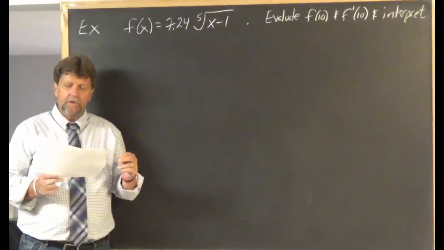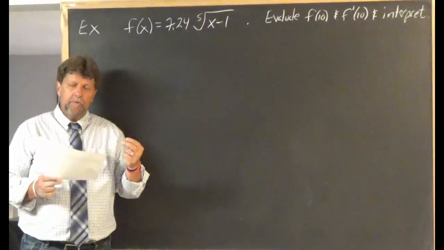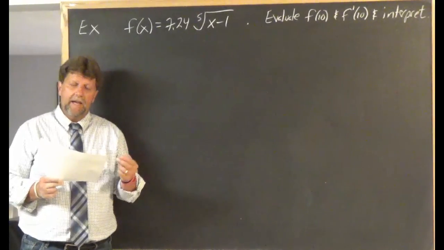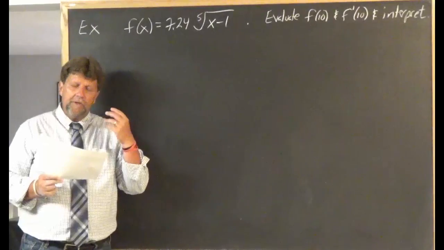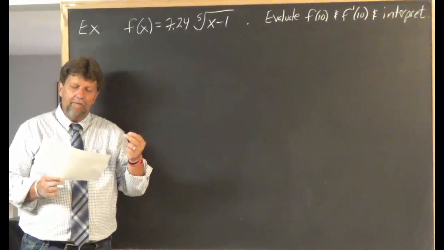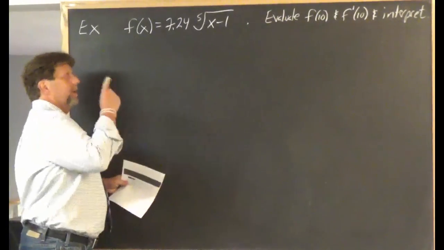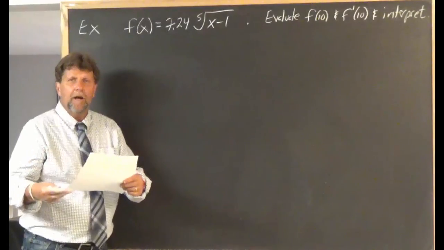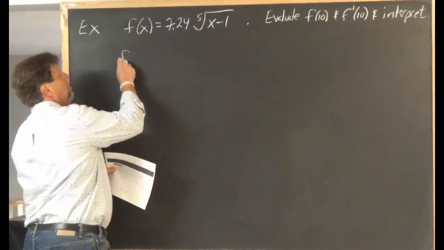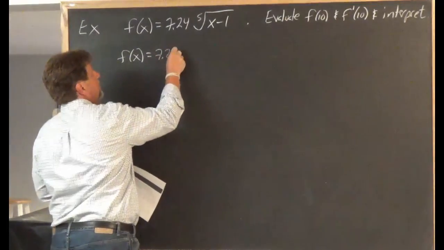Quickly for this function, x was the number of years since 2000, and f of x was the percentage of people who have diabetes. So we're supposed to evaluate f of 10 and interpret, evaluate f prime of 10 and interpret. So here, I'm going to go ahead and first get f prime, the derivative. I will begin by rewriting the function.